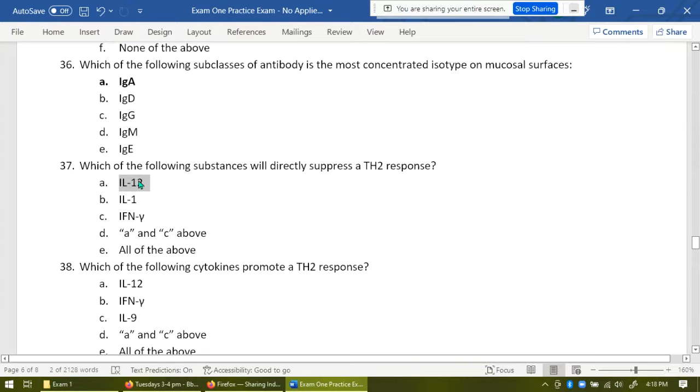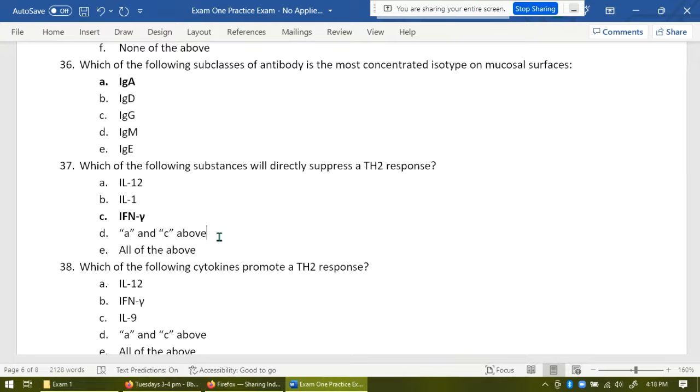So this one, you might say, indirectly suppresses the Th2 response, but does not directly suppress Th2. IL-1, nope. That one actually is a general activator of T helper cells. Interferon gamma, ding ding, that is the answer. Interferon gamma made by Th1 cells is going to inhibit the proliferation of Th2 cells. So it's going to downregulate or suppress the Th2 response.